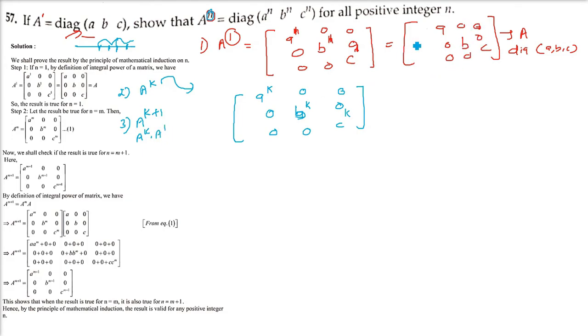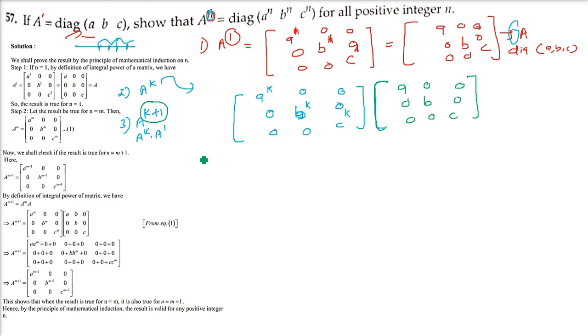So A raised k plus 1 can be written as A raised k into A raised 1. A raised k is already written. Now I am writing A raised 1 as the matrix with a, 0, 0; 0, b, 0; and 0, 0, c. Now we have to multiply these. The first one is A raised k, the second one is A. Wherever you are seeing k, if it comes out to be k plus 1, then it is true for A raised k plus 1 also.